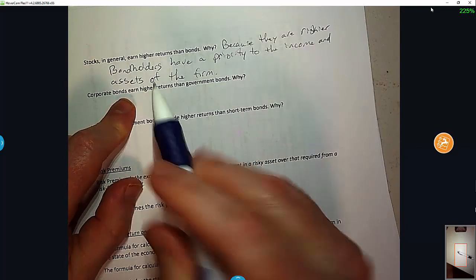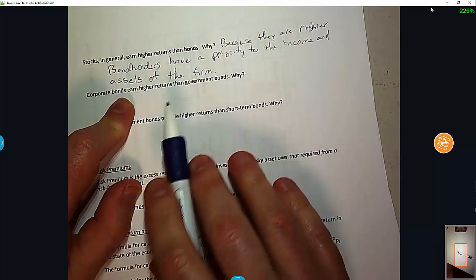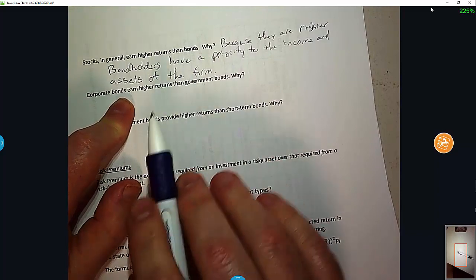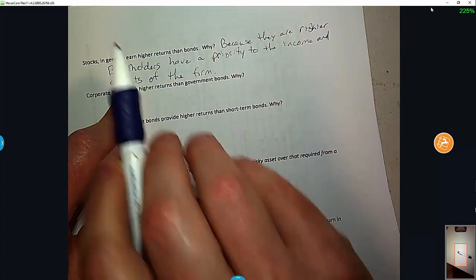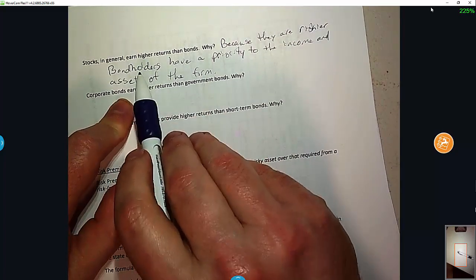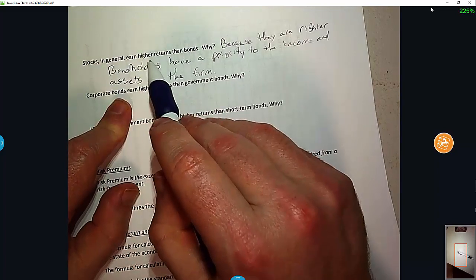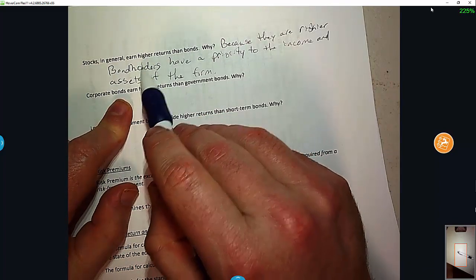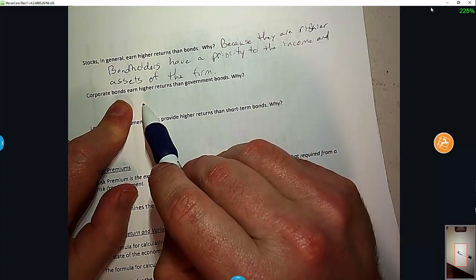And in liquidation, if the company goes bankrupt and is liquidated, bondholders get paid off first before stockholders get anything. So as a result, for any given company, the stockholders take on more risk than the bondholders because the bondholders get paid first. So stockholders require a higher rate of return, or an expected higher rate of return, I should say, than bondholders are receiving.